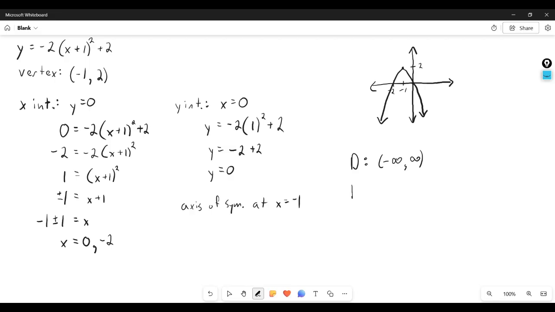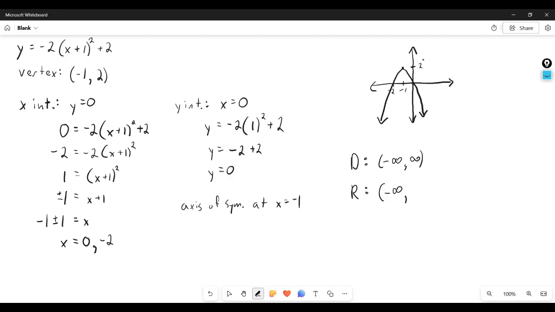And range, this time y can be as little as minus infinity. Those arrows going down, it can go all the way down to minus infinity. And the maximum y can be is plus 2. That's not a minus sign, that's just my notch on the y-axis.